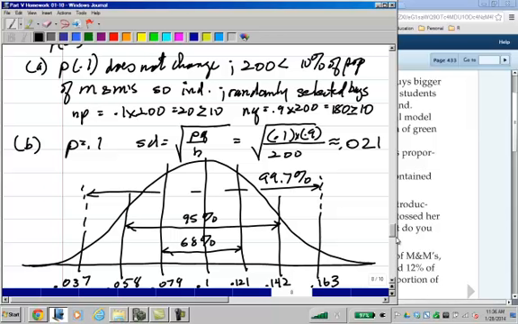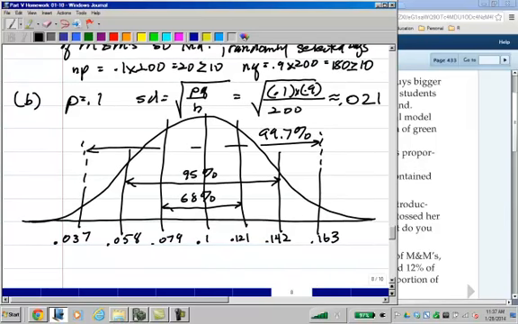The entire population of M&Ms has 10% greens, so the population parameter for greens is 0.1. Now, the standard deviation for the sampling distribution is going to be the square root of PQ over N. It's going to vary with every sample size, which makes sense. So for the green M&Ms in sample sizes of 200, it's the square root of 0.1 times 0.9 over 200, or 0.021.